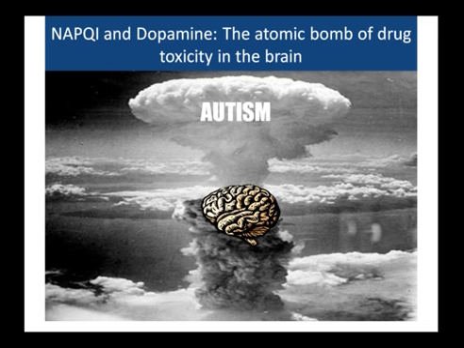The NAPQI uses up the glutathione, and so it makes the dopamine more toxic, and vice versa. Each of the pathways makes the other pathway more toxic.